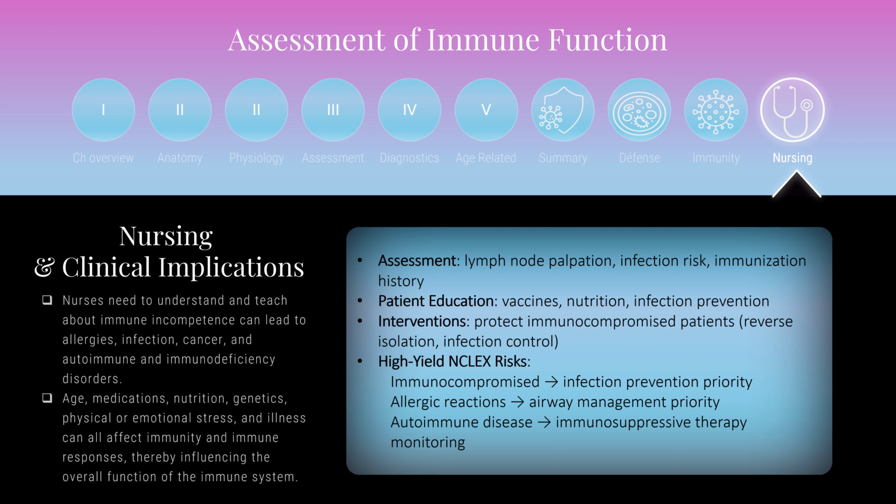Here is a little bit about NCLEX: for the immunocompromised, infection prevention is the priority; for allergic reaction, airway management is the priority. Then we have autoimmune disease, with immunosuppressive therapy monitoring. So this is an overview of the assessment of immune function.